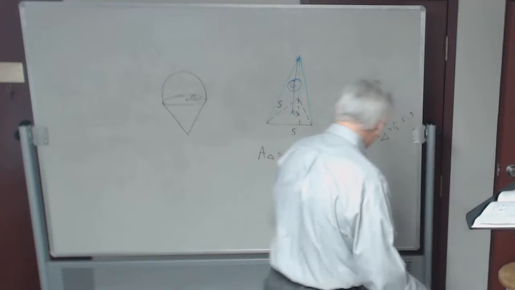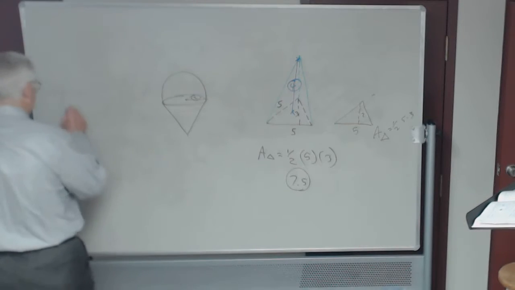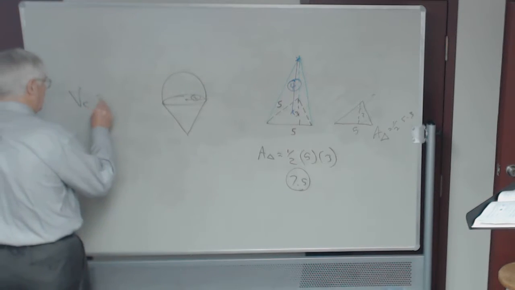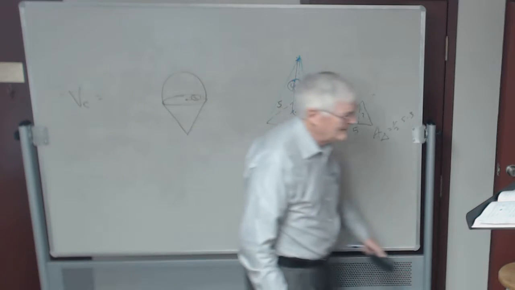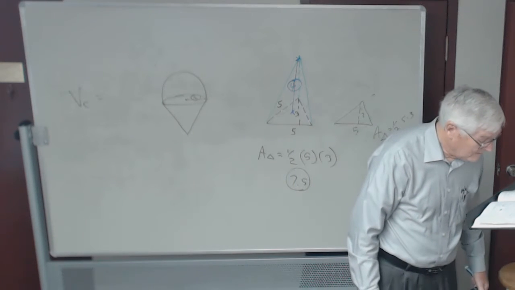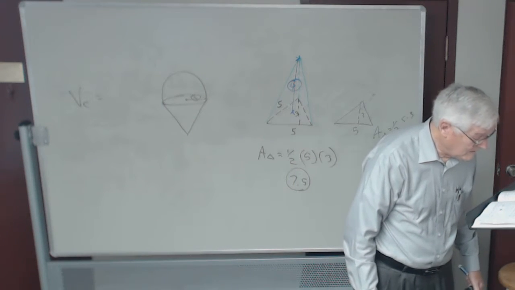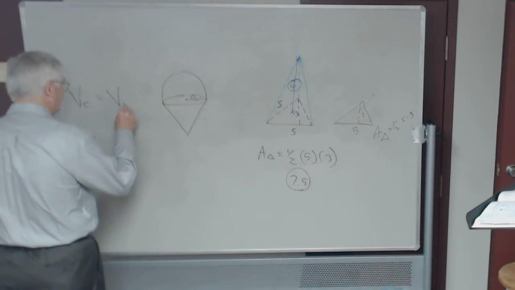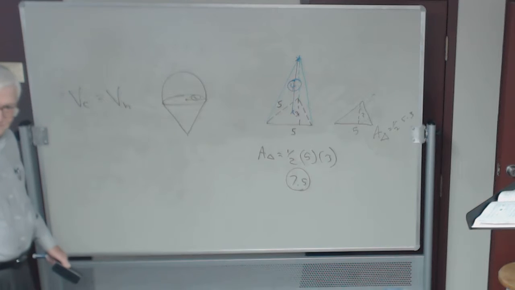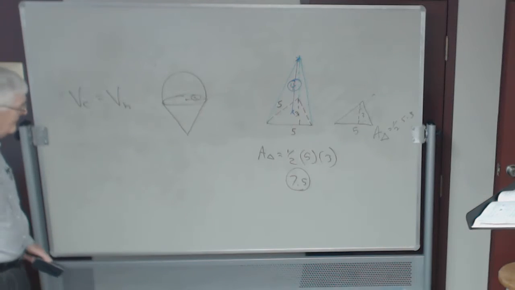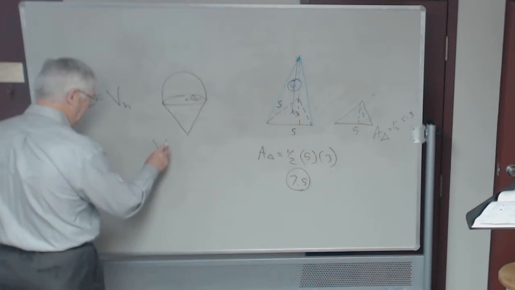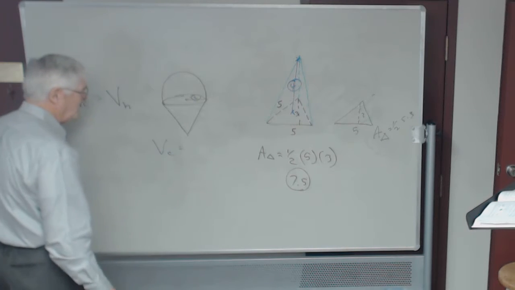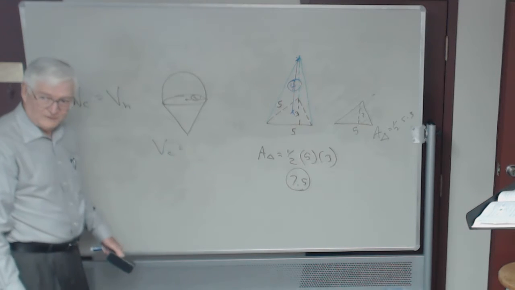And the volume of the cone equals what? Equals the volume of the hemisphere. Okay, what's the volume of the cone? Do you have a formula for the volume of the cone?